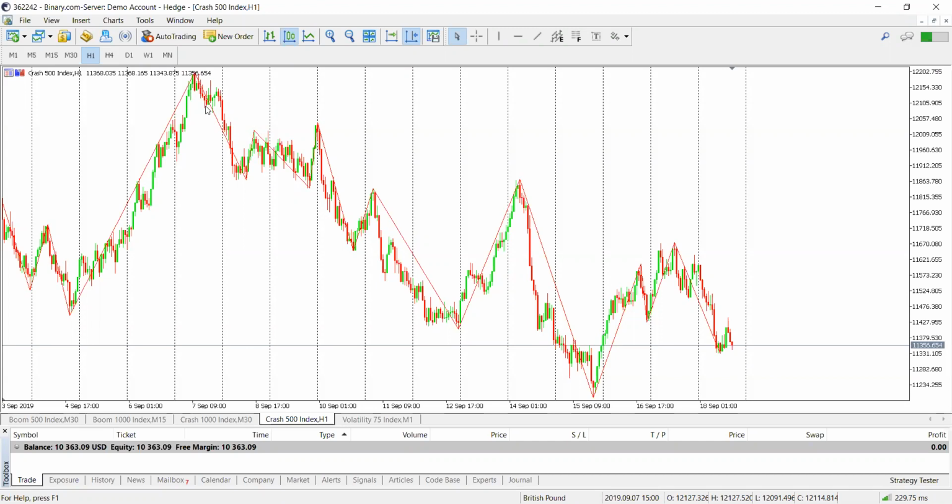But it's still higher than the previous low. Up until now, this low is lower than the previous low. Maybe let me just put a line there. This low here was broken.